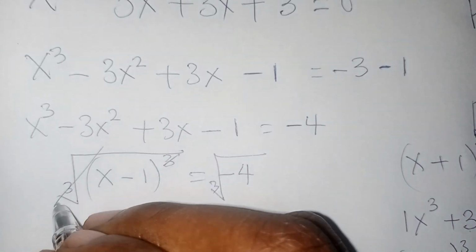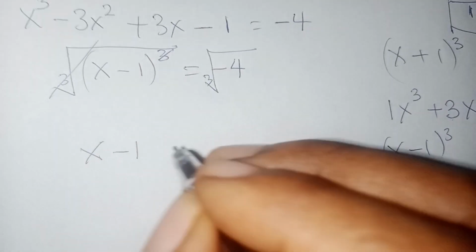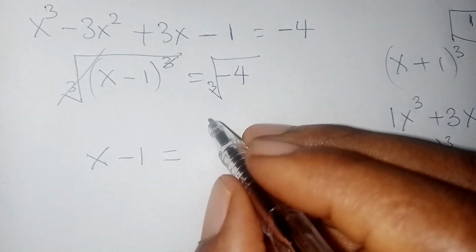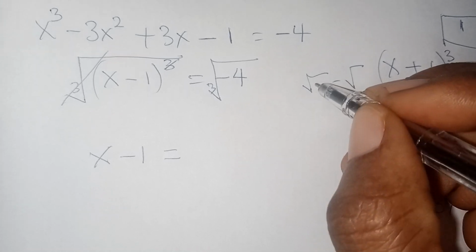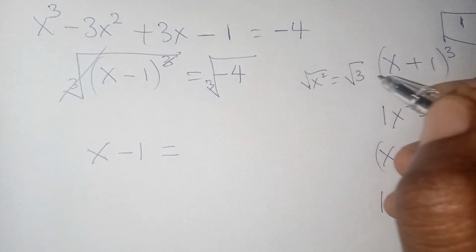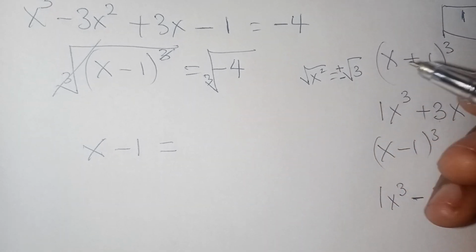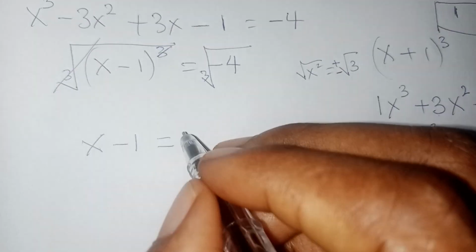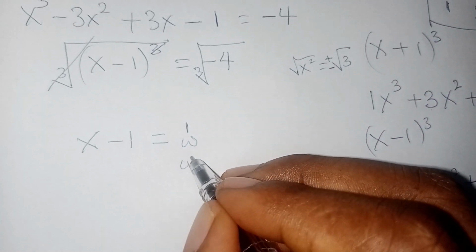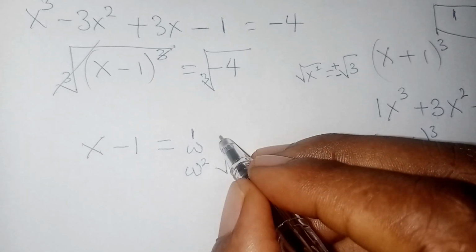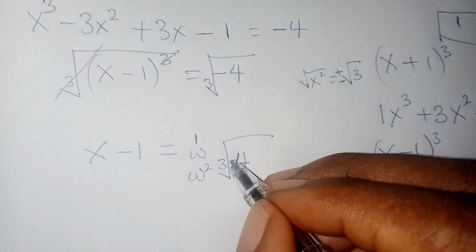This cube cancels this cube root, so we have x minus 1 equals, now remember when we are taking the square root of both sides of a particular equation, we normally include the plus or minus sign. So in this cube root, we're going to include 1, omega and omega squared, cube root of minus 4.